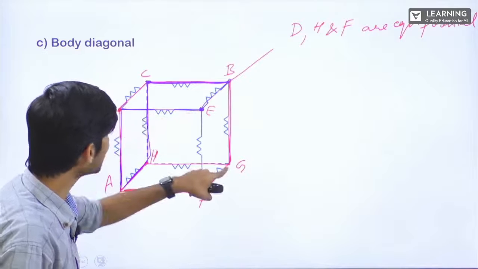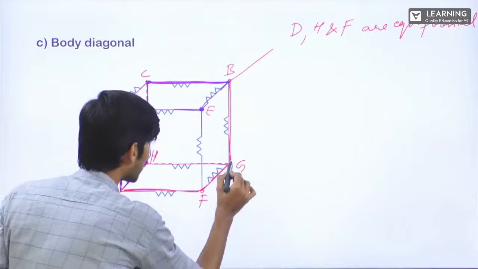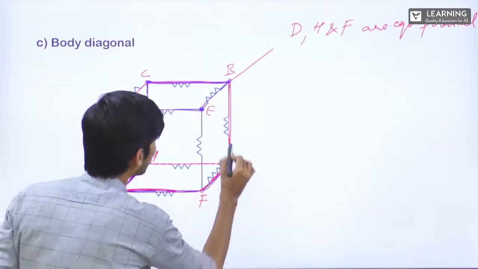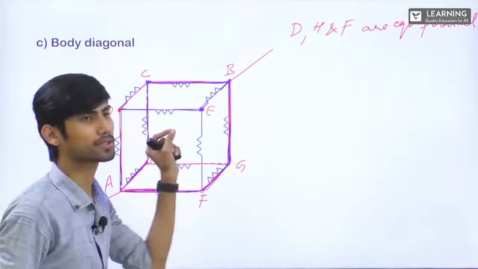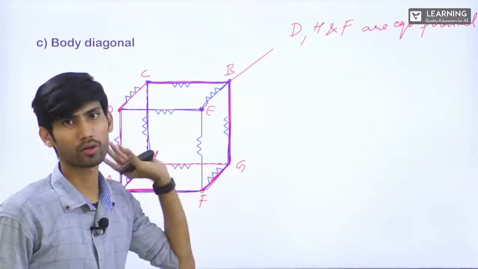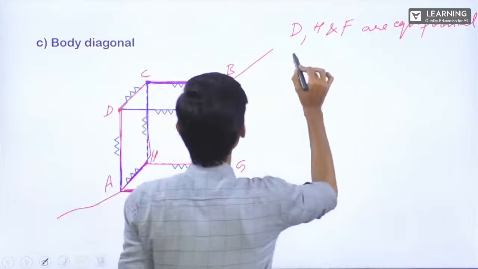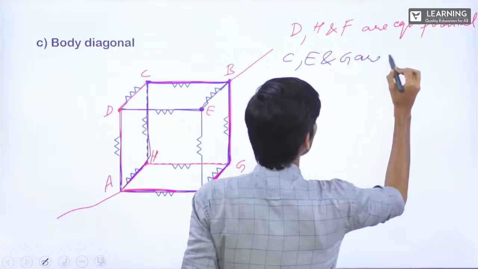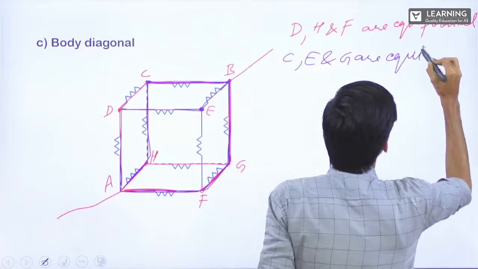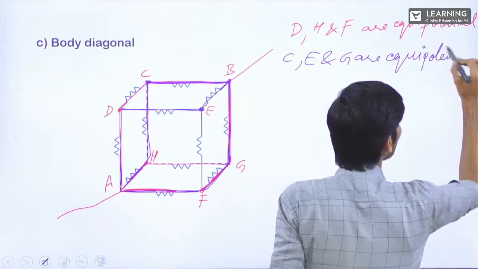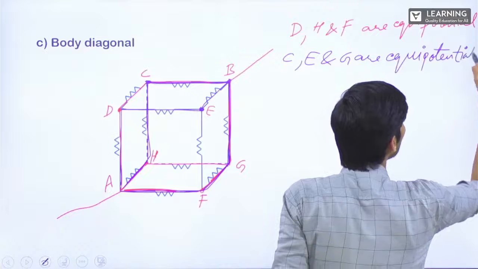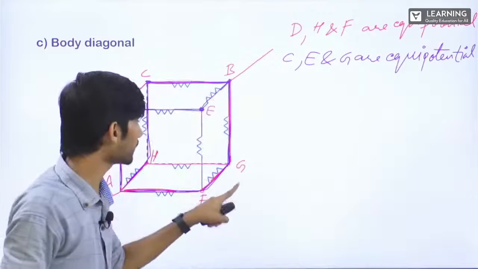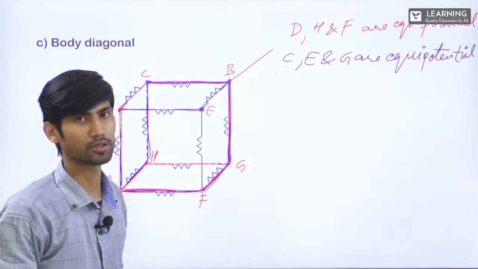C, E, G, if you see, 2 from A and 1 from B. All these 3 points are 2 roads away from A and 1 road away from B. So C, E and G are equipotential points. Clear? C, E and G are equipotential points.